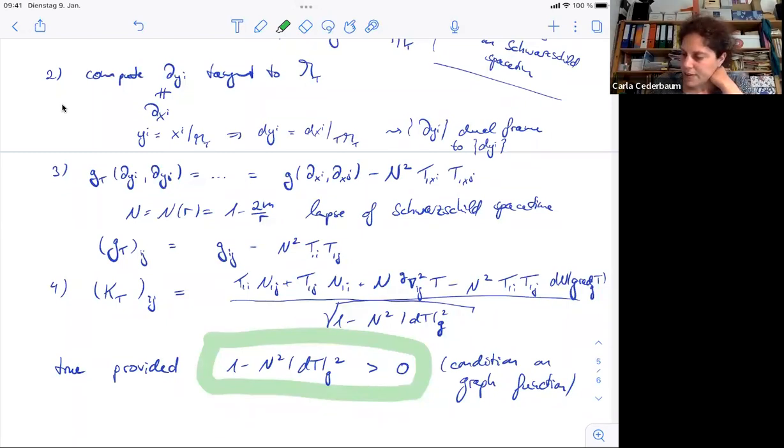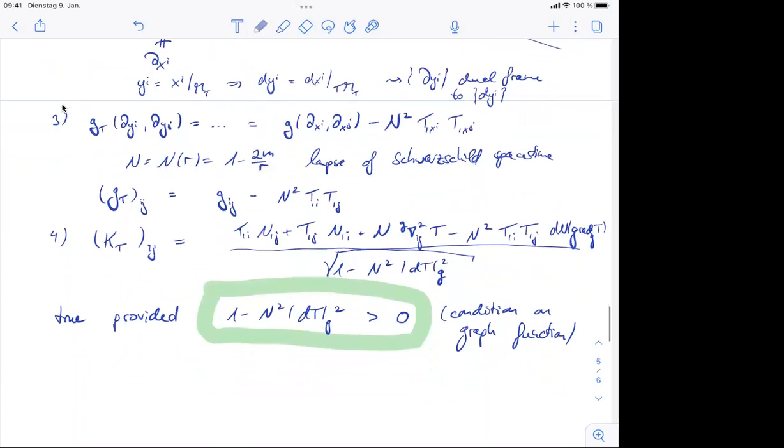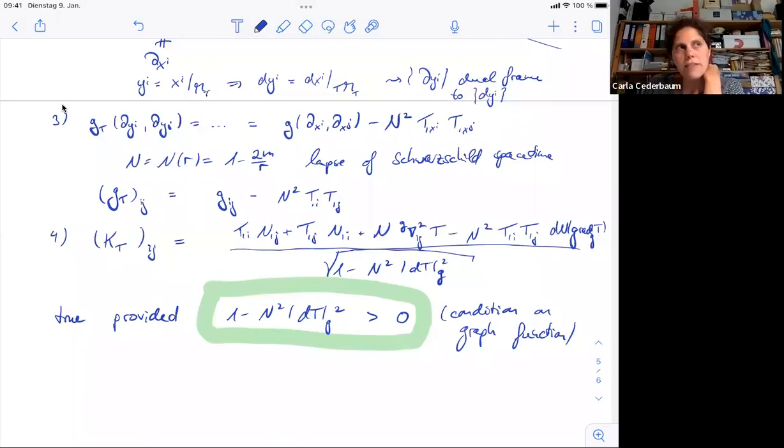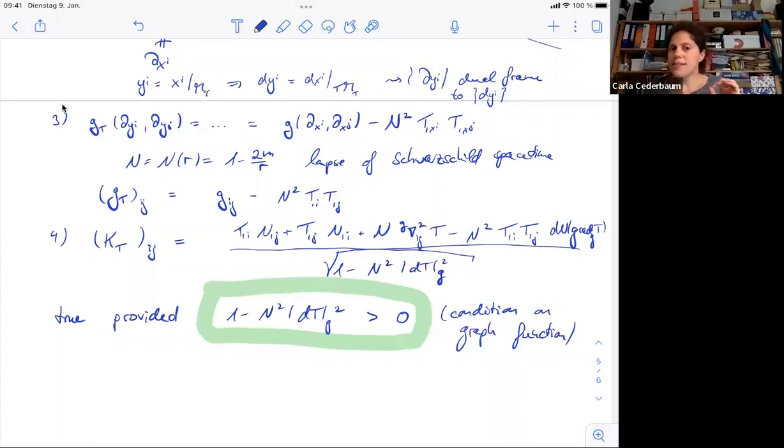Okay. Oh, someone did ask a question. The question was, why aren't we simply using the pullback of the original metric as the induced metric? The pullback of the original spatial metric or the original space-time metric? I think they meant the original space-time metric. So this is a good question.